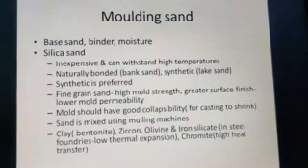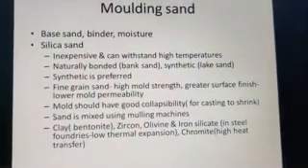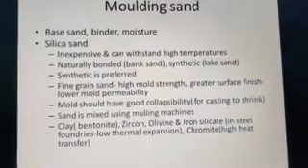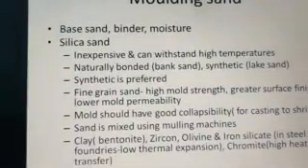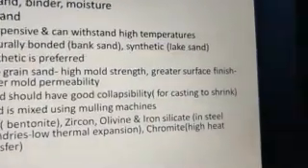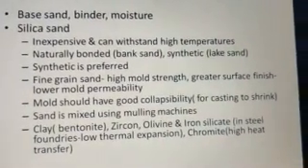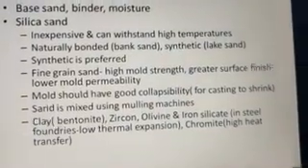So next we will go on to the molding sand, which, like we had discussed in the introductory session, comprises a base sand, binder and moisture. Base sand is usually silica sand, since it is very inexpensive and can withstand high temperatures, and different types of silica sand can be used depending on permeability.